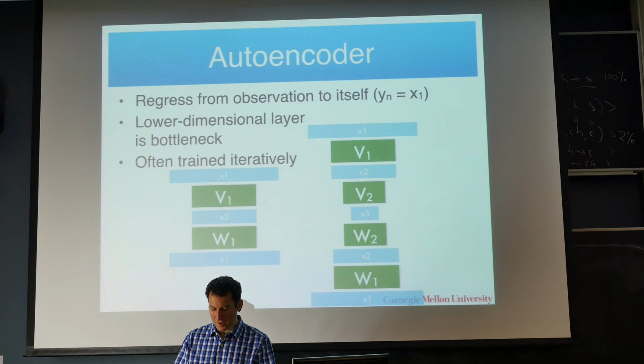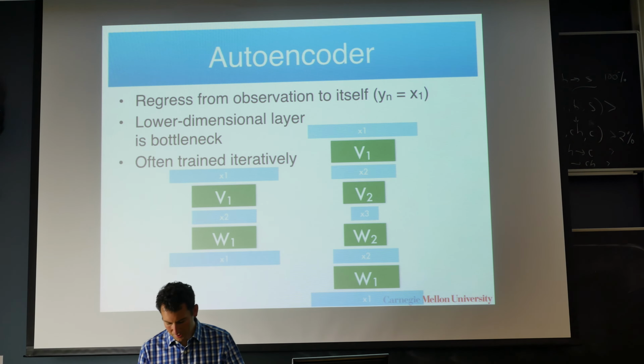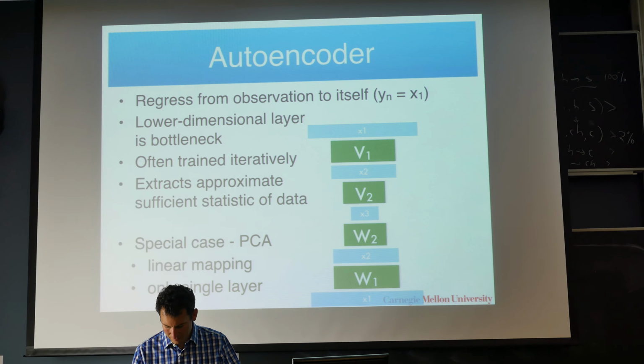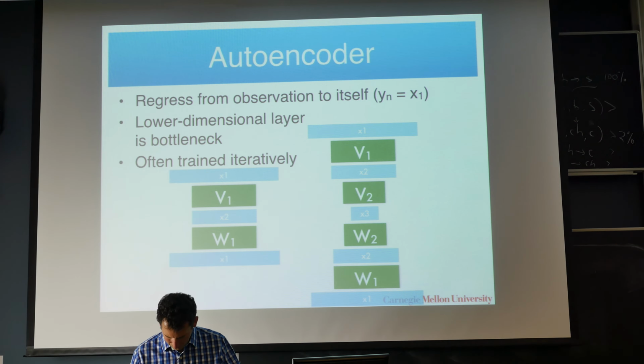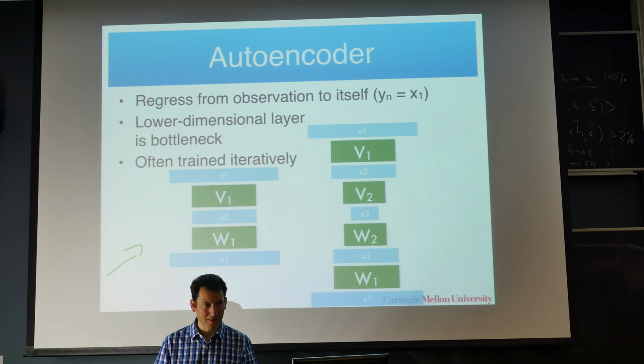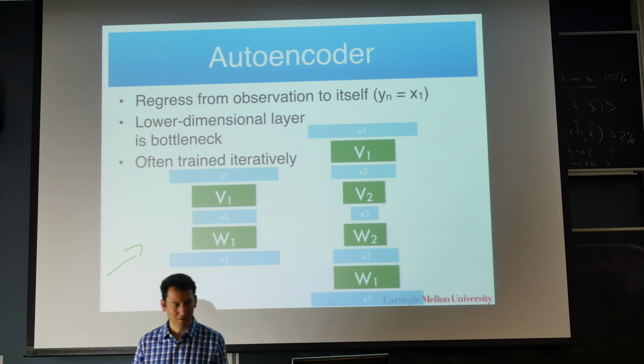So if you think about it, let's just focus on the term on the left for the moment. What we have is some input data x. And the idea is we have some mapping that maps x1 into x2, which is lower dimensional.